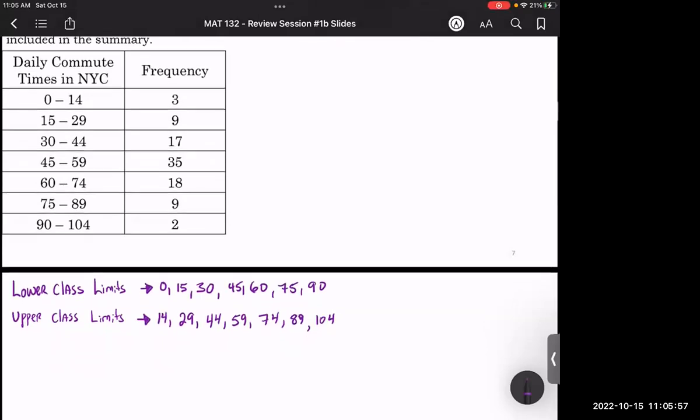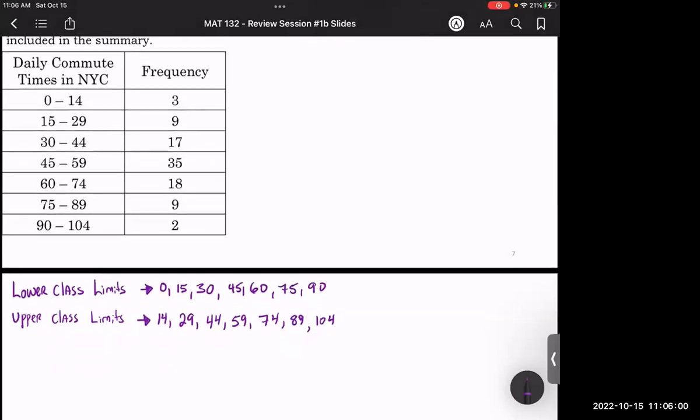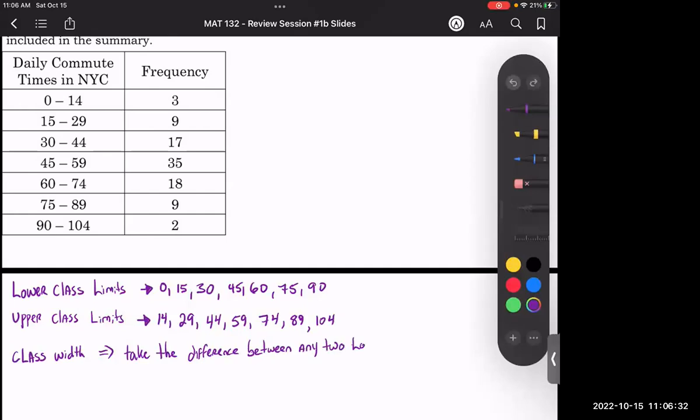The class width, the way that we compute it, is that we take the difference between any two consecutive lower class limits.